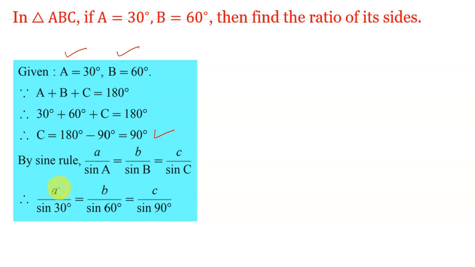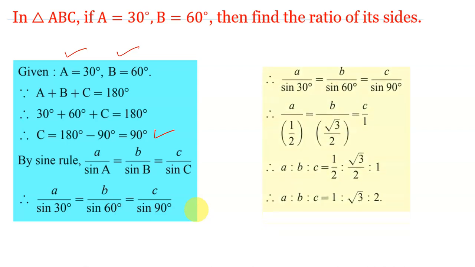Now we'll substitute the values. A upon sine 30, which is 1 upon 2. B upon sine 60, root 3 by 2. And C upon sine 90. Sine 90 is 1. After substituting, we will have the ratio A as to B as to C is equal to 1 upon 2 as to root 3 by 2 as to 1. We multiply this whole ratio by 2.